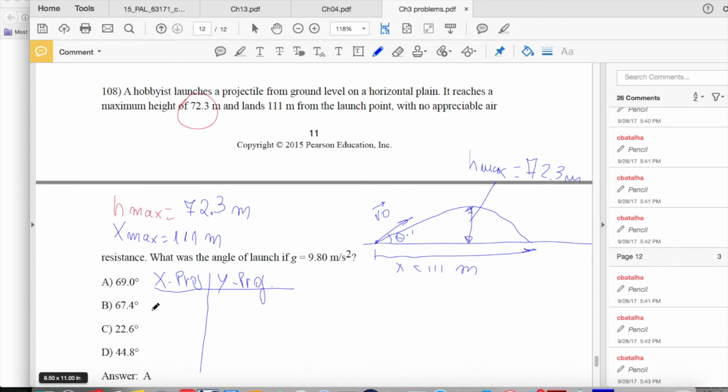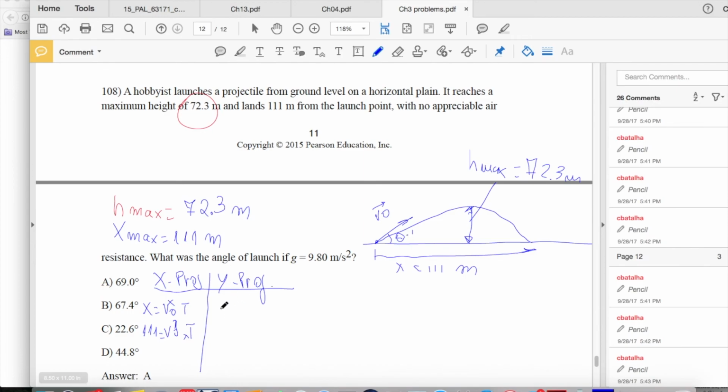In x projection, x is equal to v naught x t. So x, which is 111, is equal to v naught x times time. We don't know the time, and we don't know v naught x, so we are pretty much stuck.